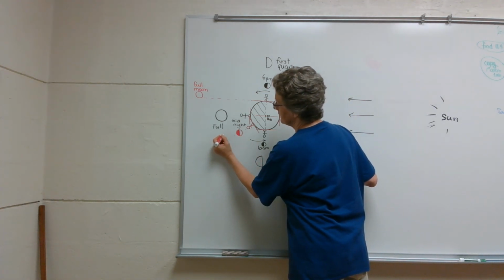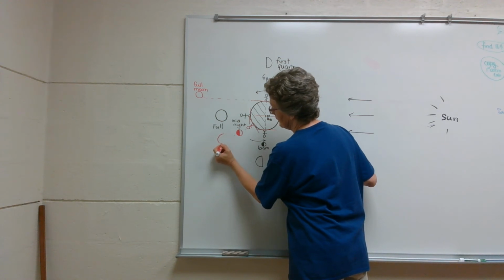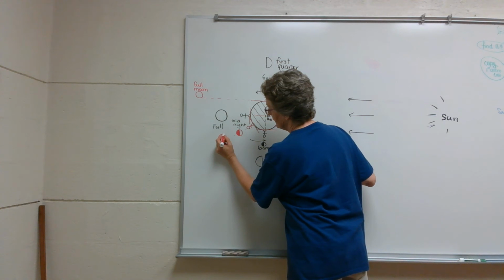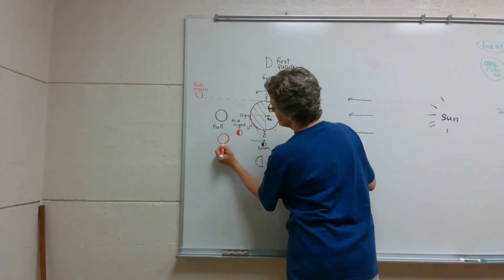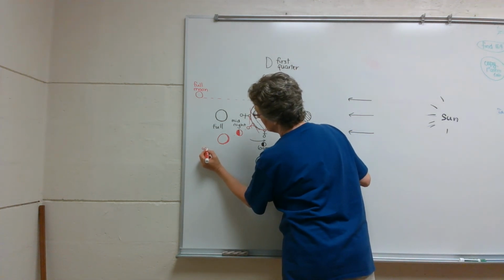So from his perspective, it's going to be looking like this. He's got the half moon, plus a bit. There's some missing. So this bit here is missing. This is what we call the waning gibbous.